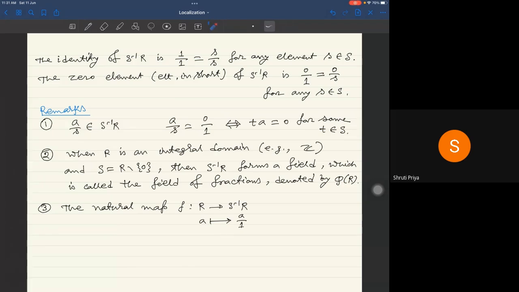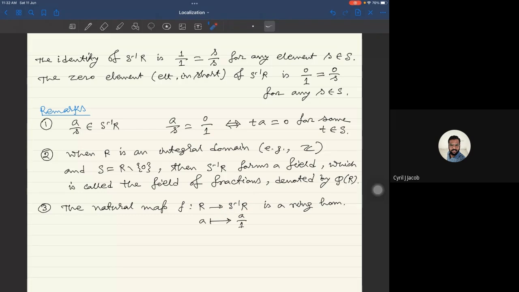Now you have a map, and if I ask you whether this map is a ring homomorphism or not, what is your answer? You can verify that this is a ring homomorphism because it preserves both addition and multiplication, given the way we have defined addition and multiplication here.